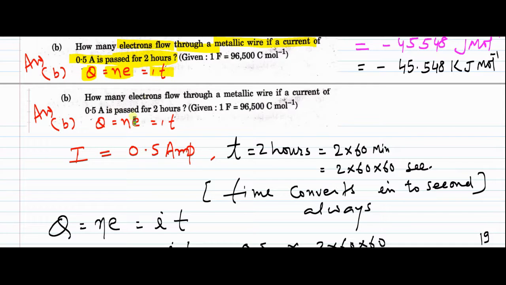I 0.5 एम्पियर, t 2 आवर. इसमें मोस्ट इंपॉर्टेंट बात यही है कि 2 आवर्स को आप सेकेंड में कन्वर्ट करेंगे. 2 into 60 into 60 सेकेंड. Time always convert in the second.